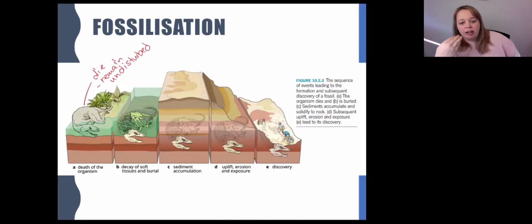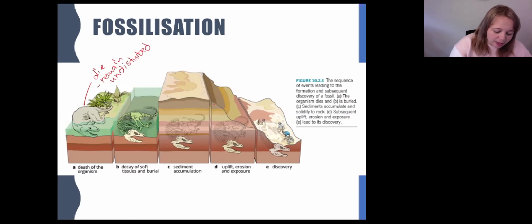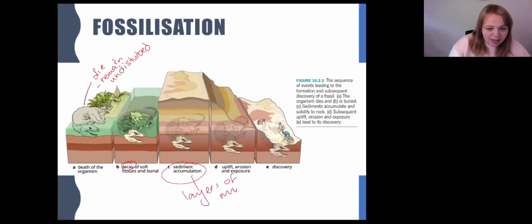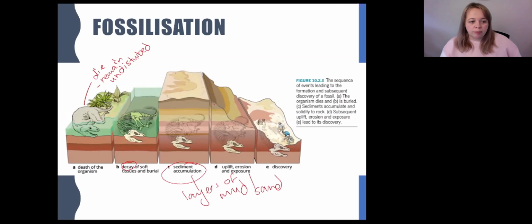Usually it helps if it dies near water. It gets buried really quickly underneath sediment or sand. You might get some decay of the soft tissues, but the biggest thing is it starts to get sediment accumulation. So this is layers of mud or sand that build up on top of your fossil.